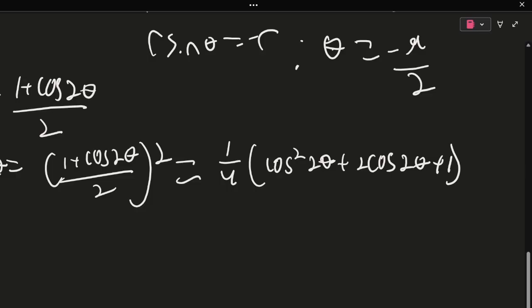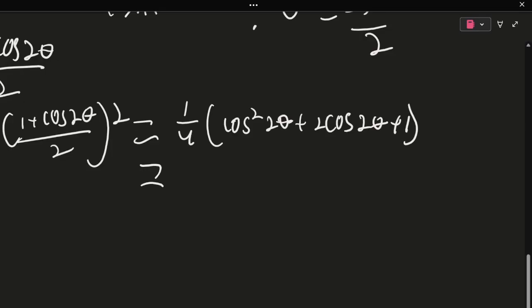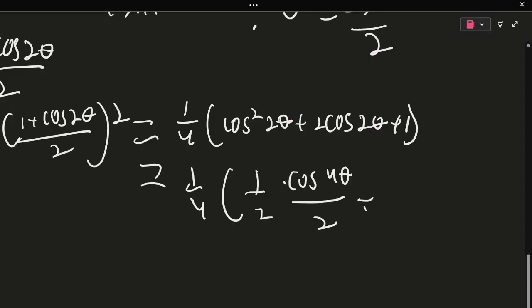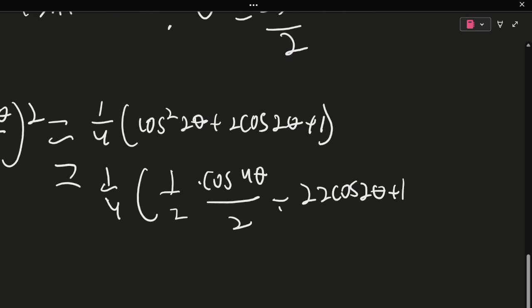Alrighty, and then we'll use our power reducing formula one more time. So this is equal to 1/4 times, and we'll go ahead and separate our terms a little bit while using it. So to be cosine 4 theta over 2 plus 2 cosine 2 theta plus 1.